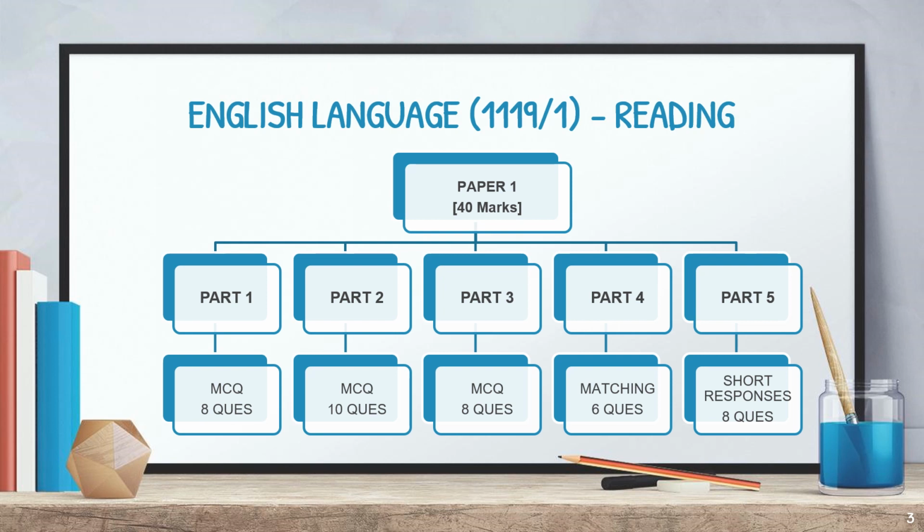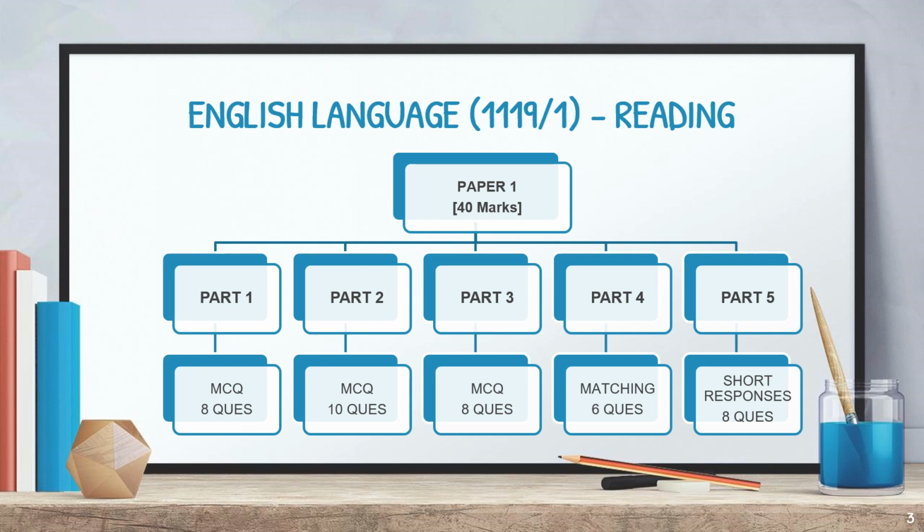As you can see here, Paper 1 is focusing on reading, and the paper is divided into 5 parts. It carries 40 marks. Part 1 is multiple choice questions, and there are 8 questions.